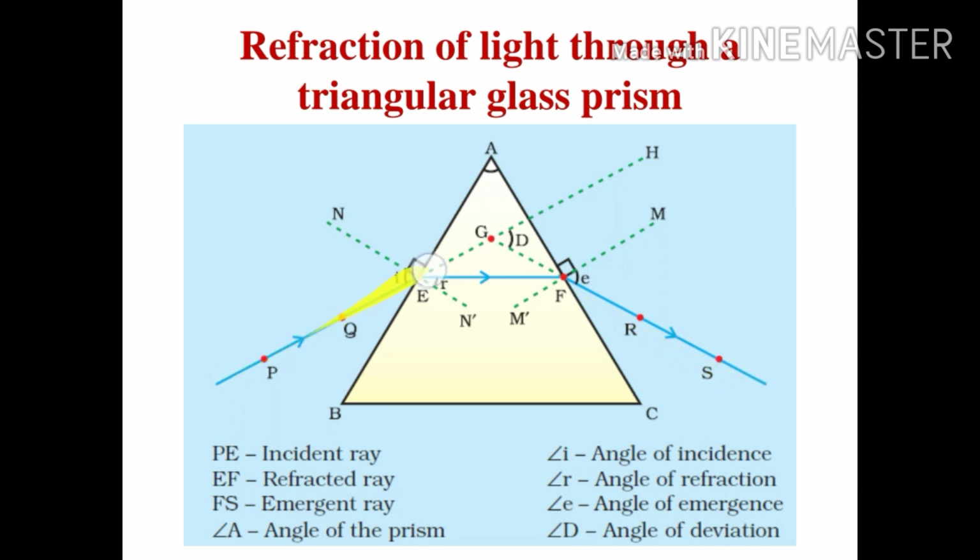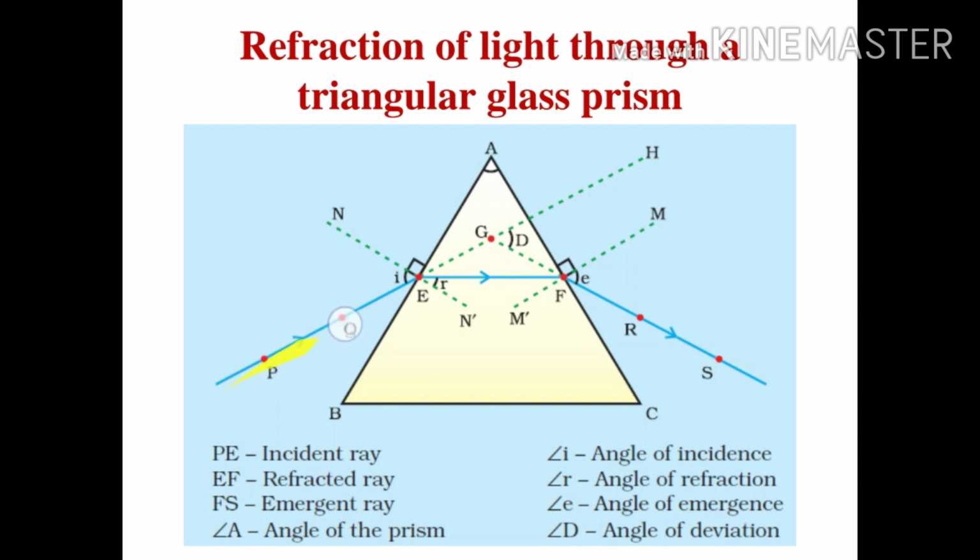So this is the actual path of the ray of light which falls on this prism. We have noticed that this emergent ray is bending towards the base of the prism. So this type of refraction takes place in a glass prism: when a ray of light is incident obliquely on one surface of the glass prism, it bends towards the base of the prism on the other side.